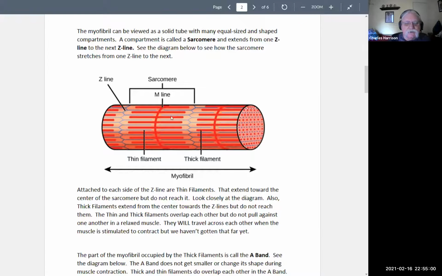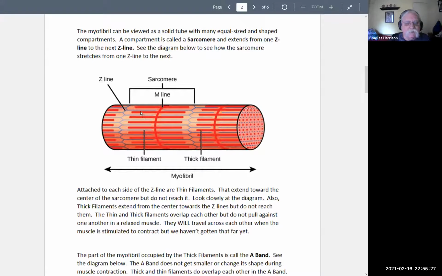They are not touching. The thick filaments are not touching the thin filaments when the muscle is relaxed. That won't be the case when the muscle contracts. But for right now in this picture, the thin filament does not touch the thick filament.